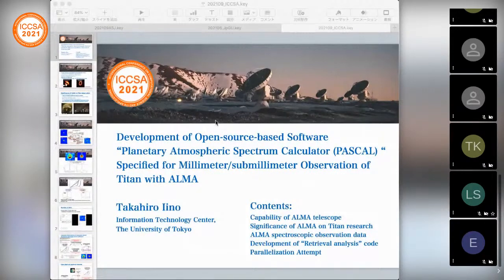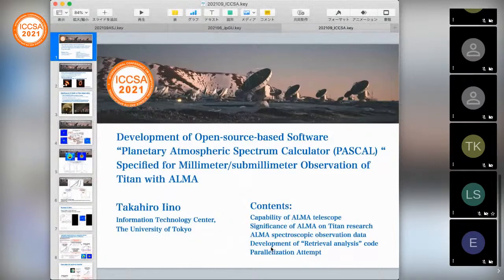This photo is of ALMA, and the data is the observation of Titan. Titan is the largest moon of Saturn. And this is the content I'm going to... I think you cannot see my mouse pointer. Can you see my pointer? We see the pointer, just the arrow. Oh, okay, thank you.